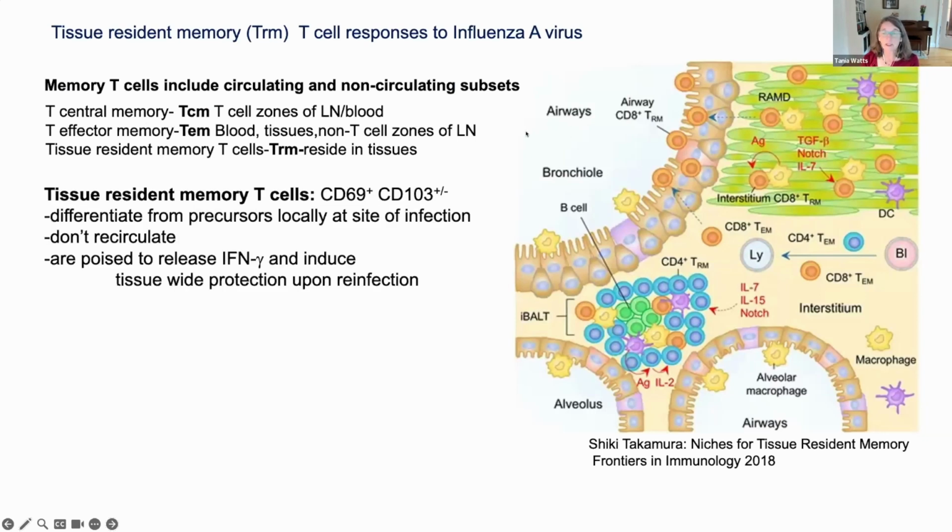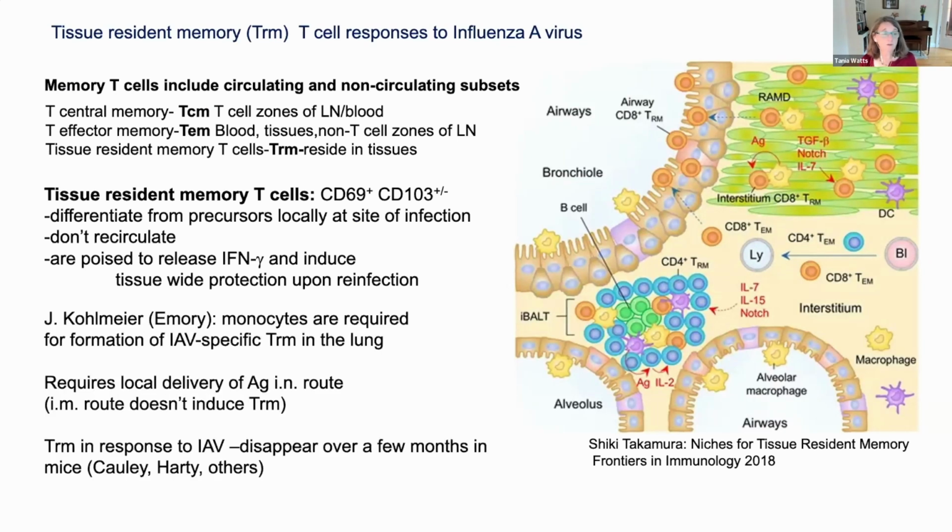And these cells actually come into the tissues as effector cells and differentiate locally in response to local cues, and they actually persist at the site of infection. A molecule called CD69 is often used to detect this because it controls tissue residency. And they stay there, and they're poised to release cytokines very rapidly on re-exposure right at the site of reinfection.